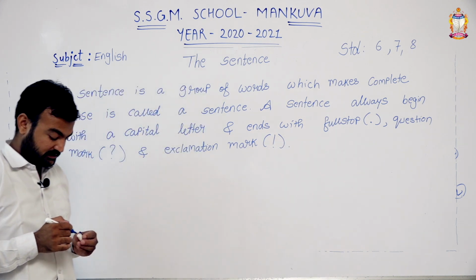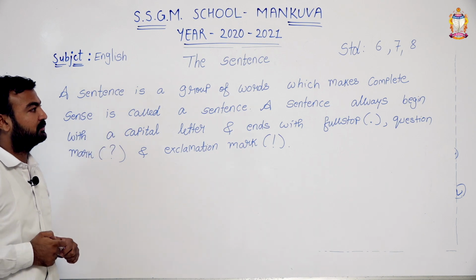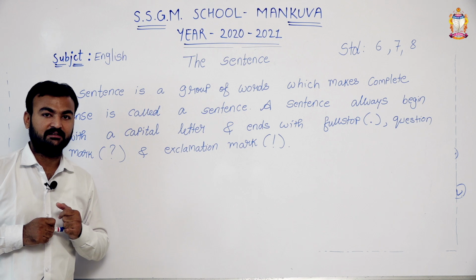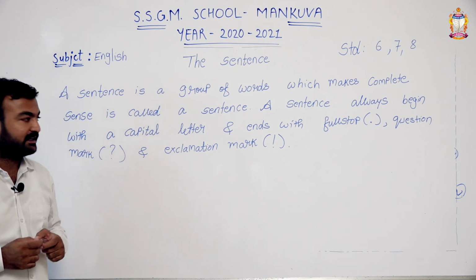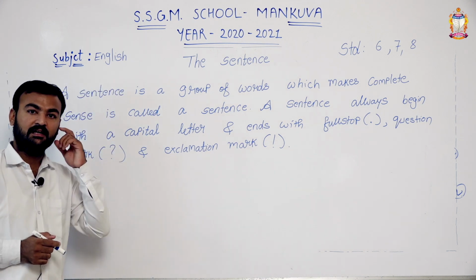Students, please note down this definition: a sentence is a group of words which makes complete sense. A sentence always begins with a capital letter and ends with a full stop, question mark or exclamation mark.